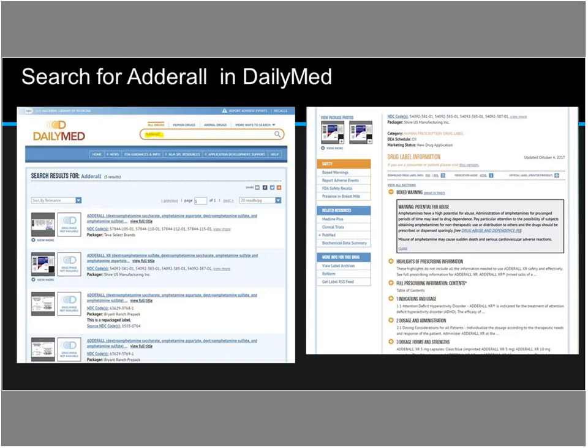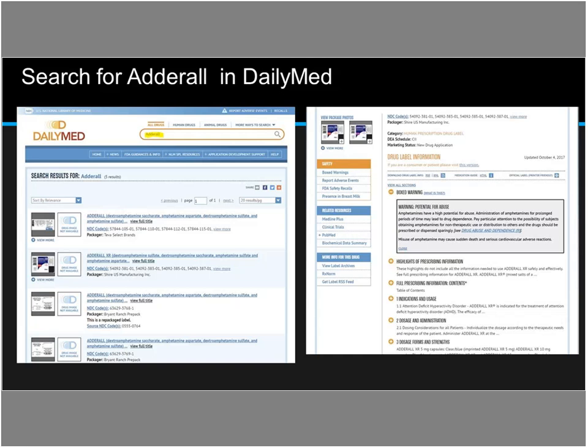So when I was preparing this presentation, I did want to give you an idea of what you would see if you were to put in a drug to the DailyMed site. So I put in Adderall as the drug that I was searching on, and you can just see some of the search results that came up.